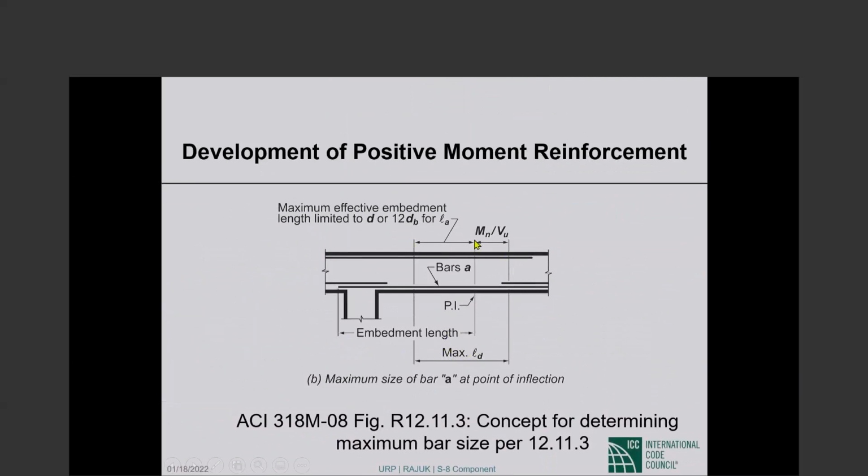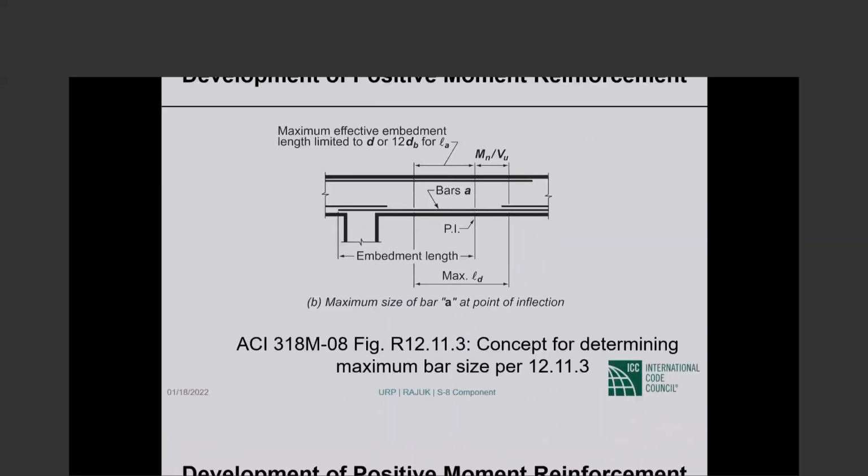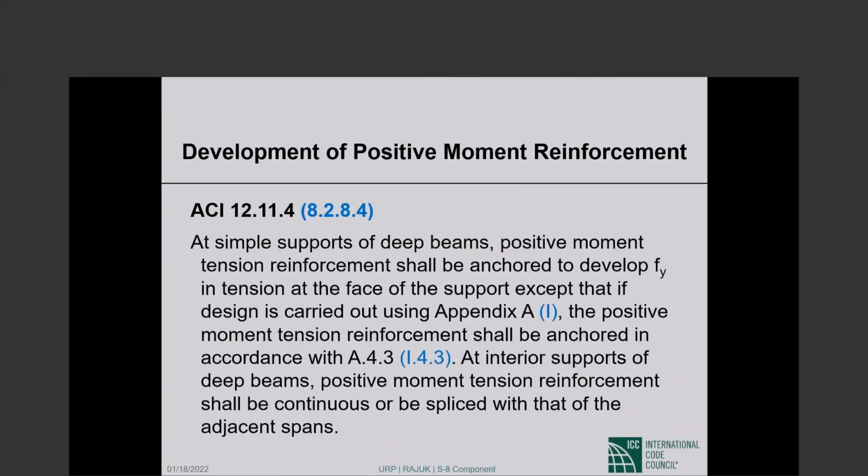M sub n over V sub u in one direction from the point of inflection, and 12 bar diameters or d sub b in the other direction from the point of inflection, the two added up to the maximum development length. So the bar diameter cannot exceed a certain value, which will take the required development length beyond the maximum development length.